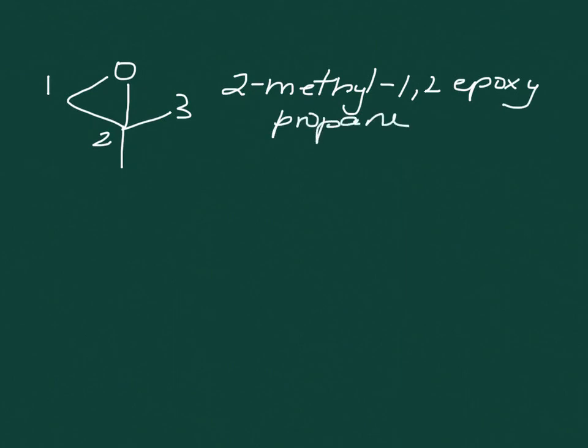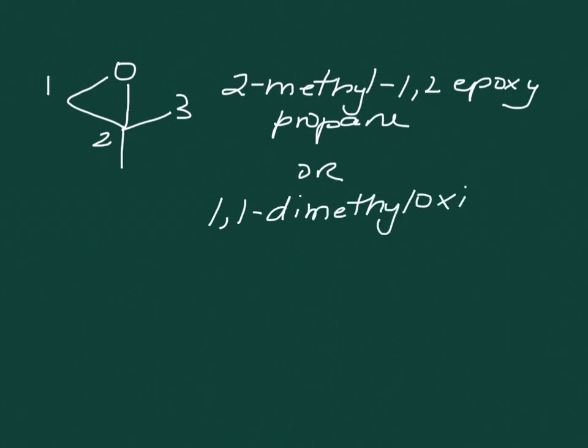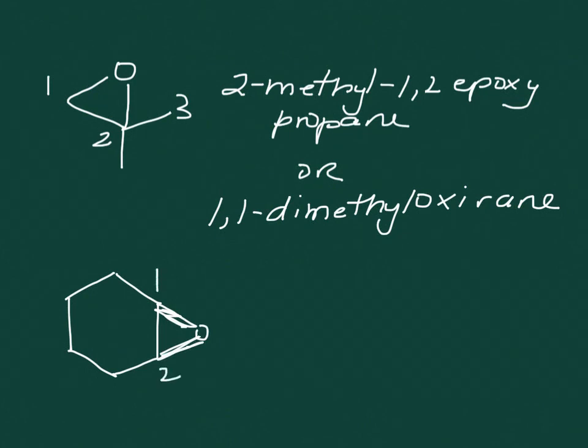If we were to name this according to the second way, it would be 1,1-dimethyl oxirane. Now if we do one more, here, this is a cyclohexane. Okay, so it would be 1,2-epoxy cyclohexane.